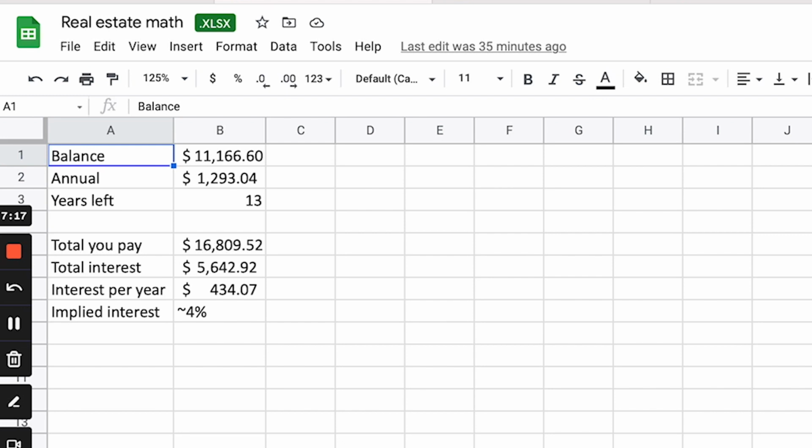So the total that you'd pay over the next 13 years would be just about $17,000, with the total interest that you're outlaying being about $5,600 and change. Interest per year, $434 and change. So your implied interest is a little under 4%. I've seen much more egregious examples, with implied interest rates being closer to double digits.